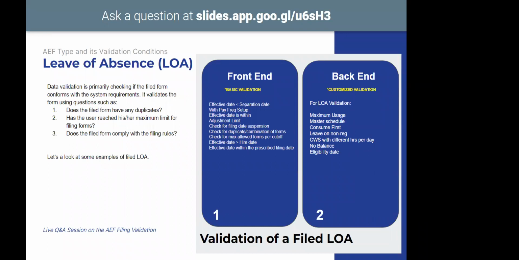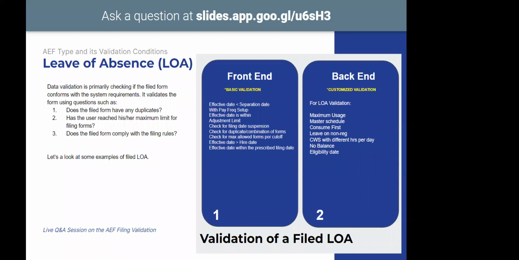We're taking an example. So one of the AEF types is leave of absence or LOA. And our data validation is primarily, of course, checking if the filed form conforms with the system requirements. And the validation includes asking questions: does the filed form have any duplicates? Has the user reached the maximum limit for filing forms?